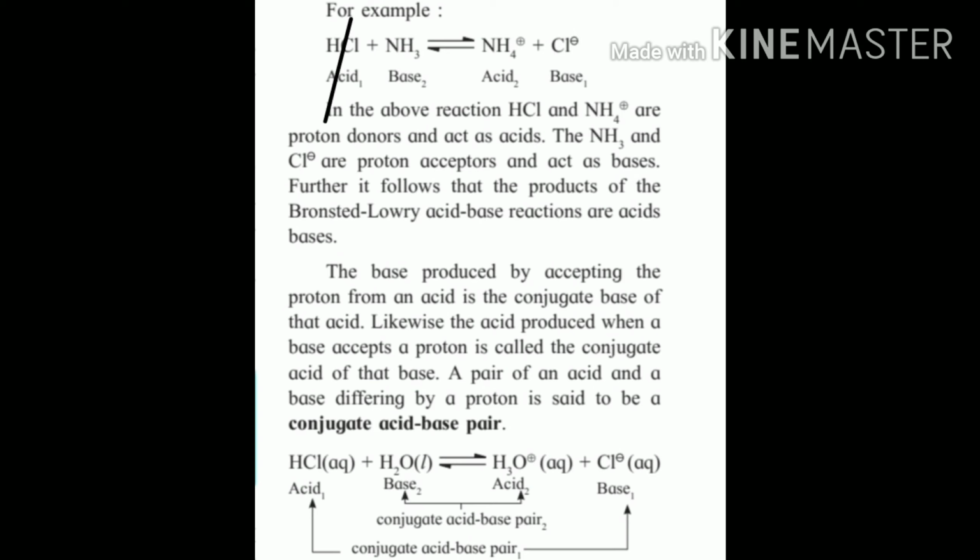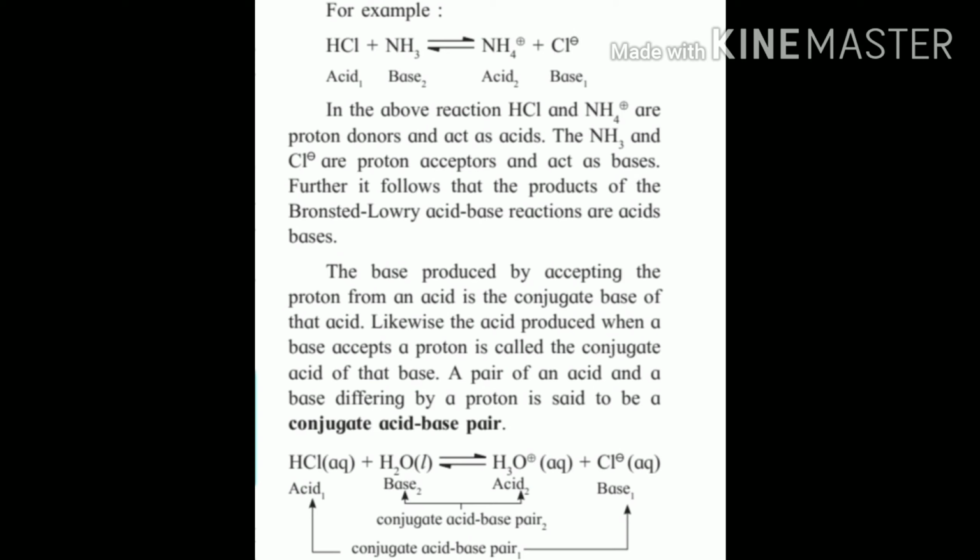And what is the base going to do? It is going to accept the proton, that is H plus. So this H here will now go to NH3, hence NH3 will now become NH4 plus, and since H plus is donated there, Cl will be left with a negative sign.